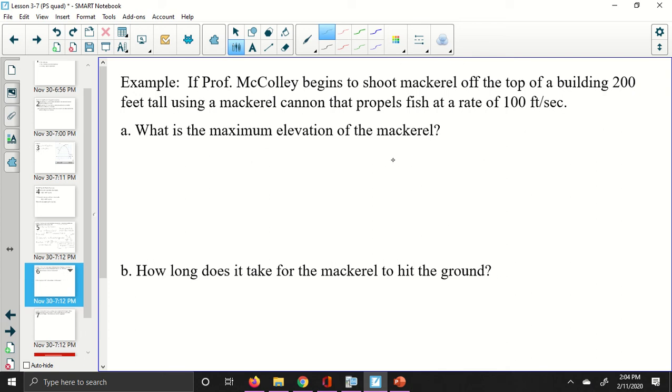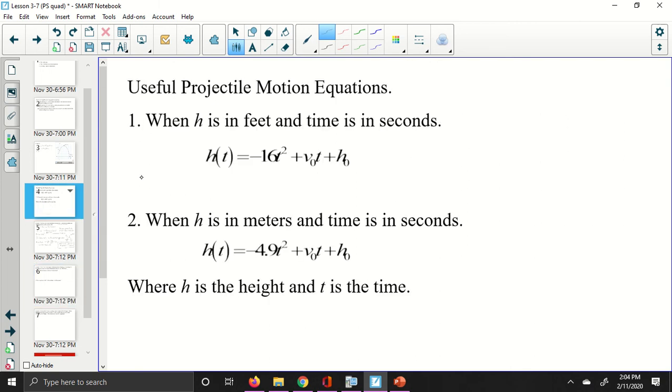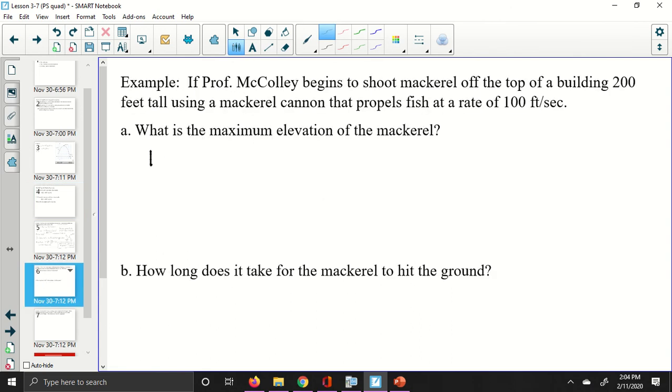All right, so right off the bat, we're going to go back, and it's feet. The building is 200 feet tall. So I'm going to start with this projectile motion. We're shooting fish. And since it's feet and seconds, I'm going to use this first one for that. So I'm going to go h of t is equal to negative 16 t squared plus v sub 0 t plus h sub 0.